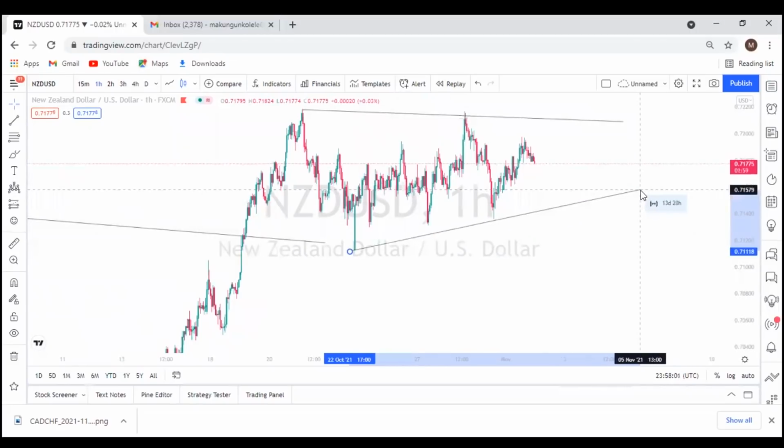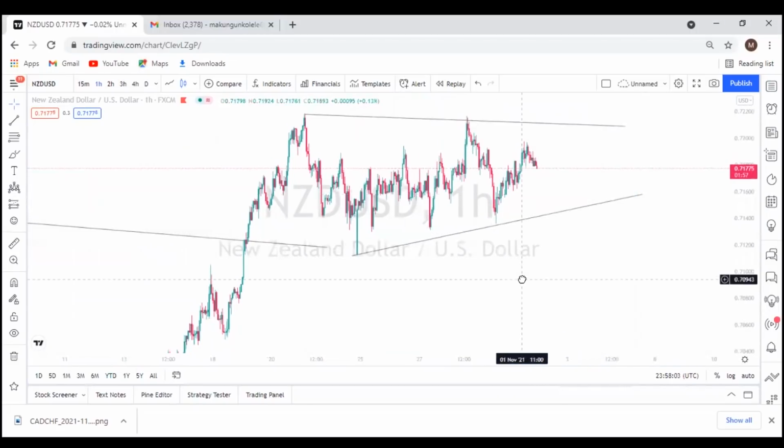Let me just adjust them. So right here we are having a choppy market. It's going sideways a lot without a direction, right?